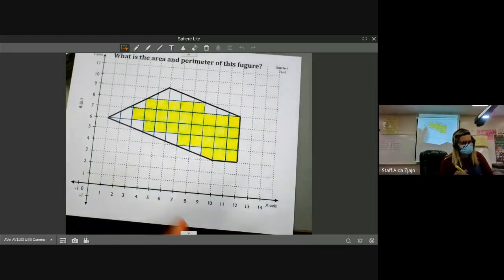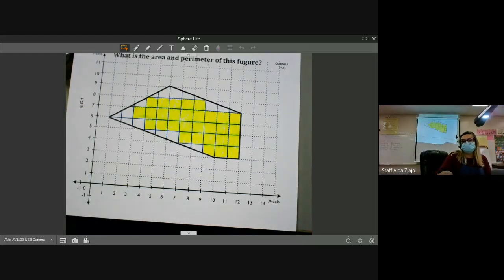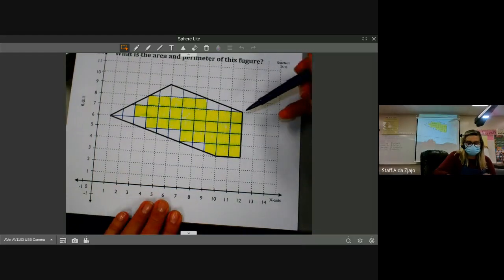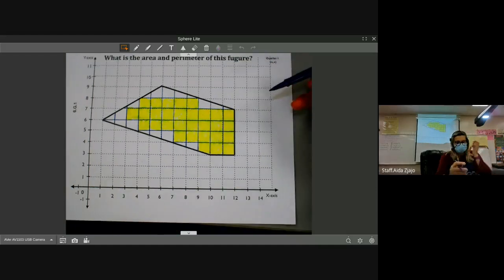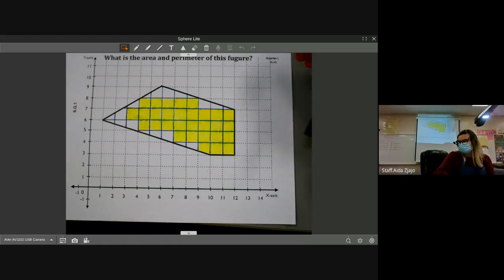And now I have to find a strategy to figure out the rest. If I count my whole squares, how many do I have? I'll give you some more time.